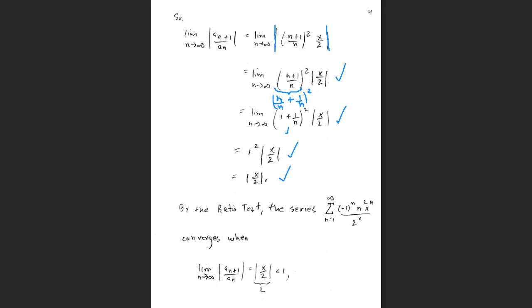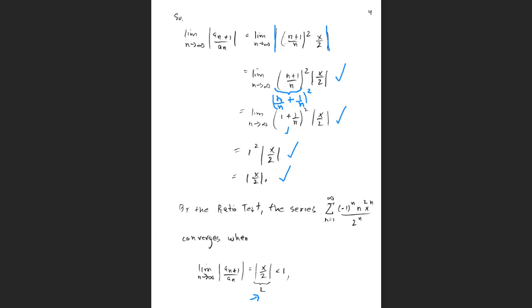We're using the ratio test here. So by the ratio test, the power series will converge for x values when that common ratio L is, when you take the limit of the ratio of a term of the series divided by its previous term as n goes to infinity.